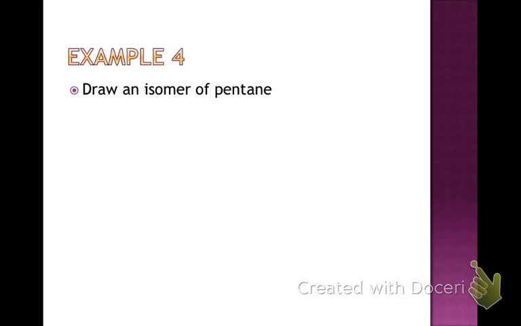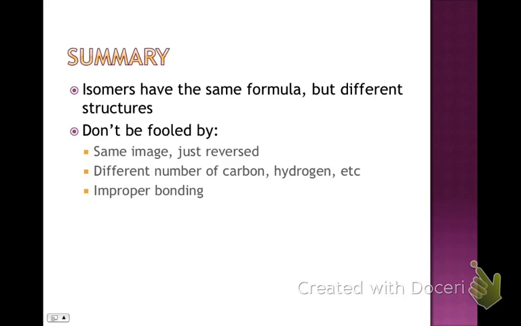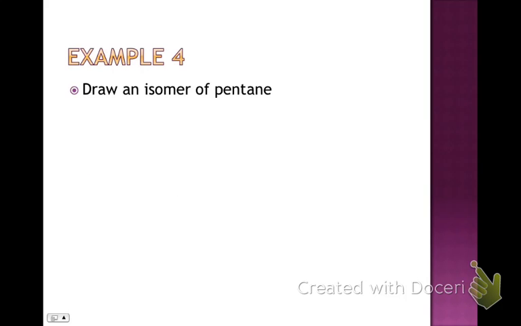Take a look at example 4. It says draw an isomer of pentane. So go ahead and draw your pentane molecule and pause me. Right, going back to table P, we know that pentane will have 5 carbons. So I'll draw it 1, 2, 3, 4, and 5. It ends in ane, so I know that it will all be single bonded carbons.